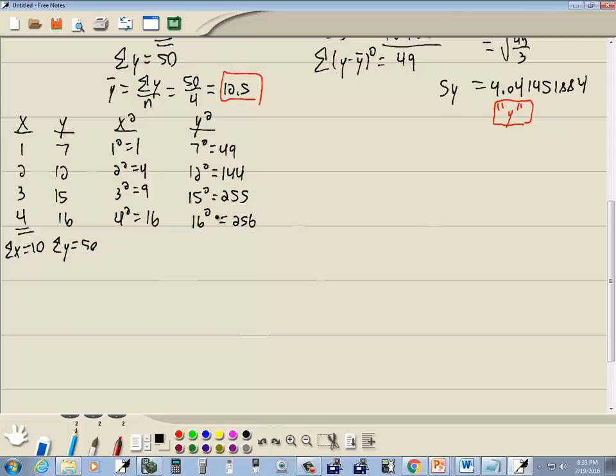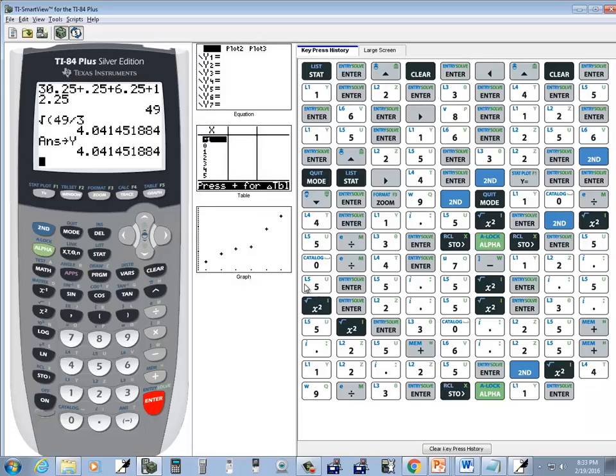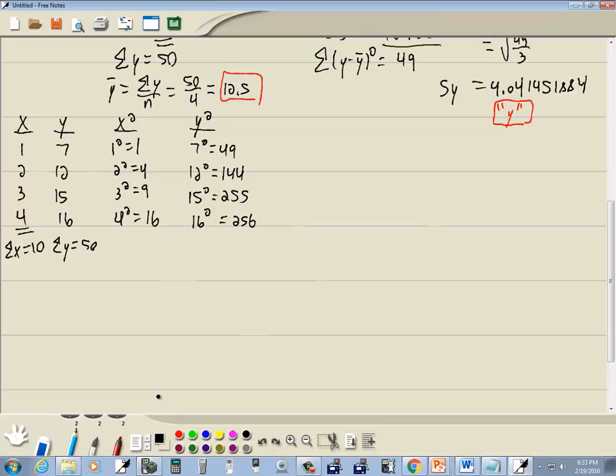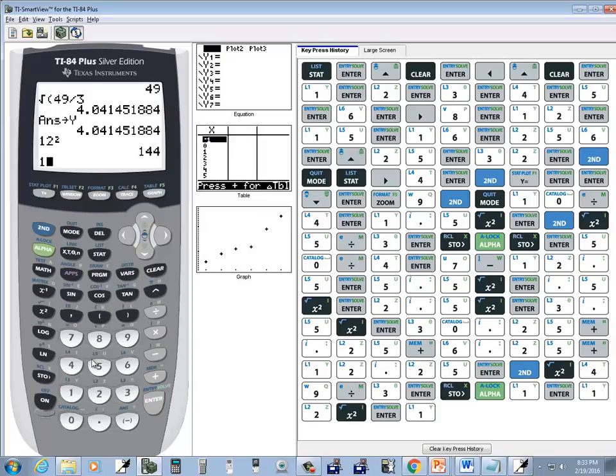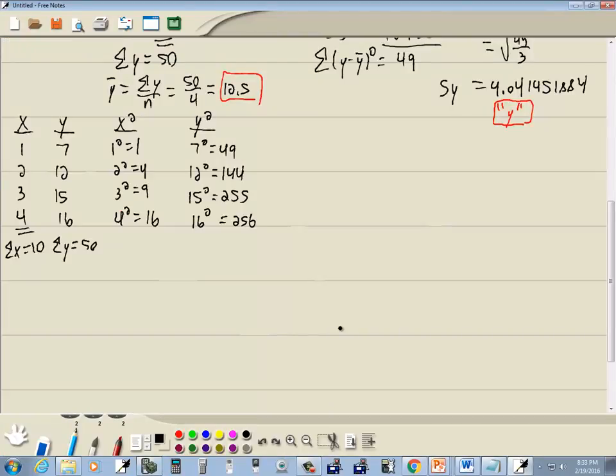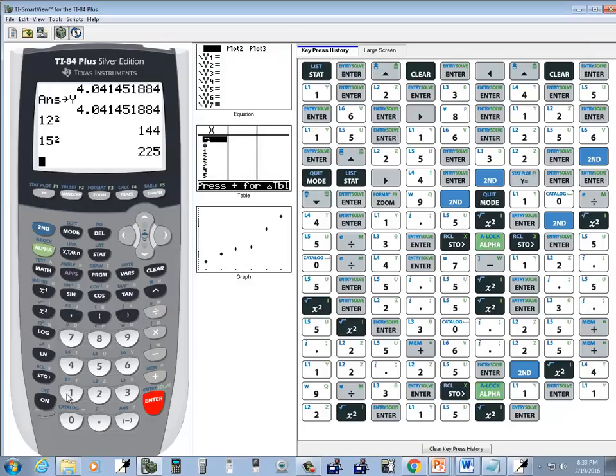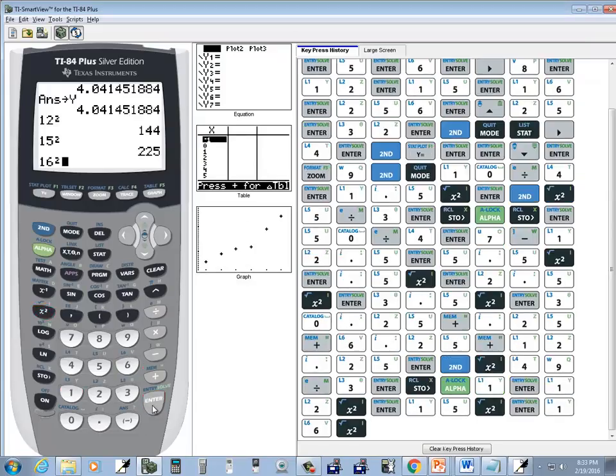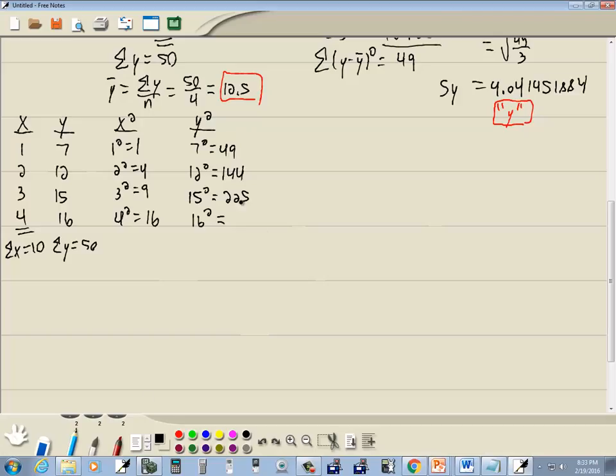I don't think 255 is right. I don't think I need to check 7 squared, though. We check 12 squared. 144. 15 squared, 225. So 225. And 16 squared, 256.